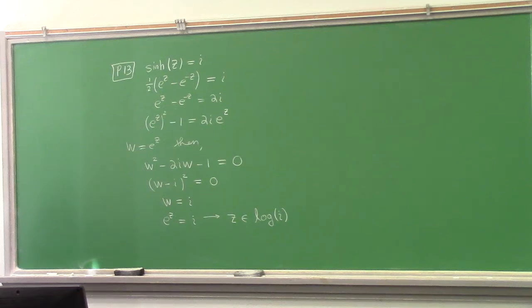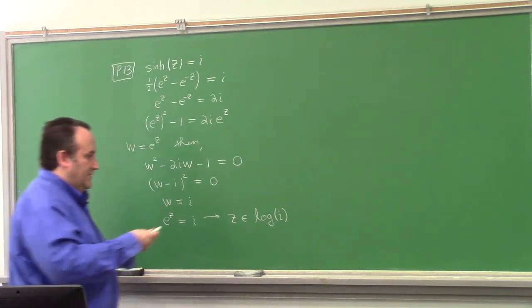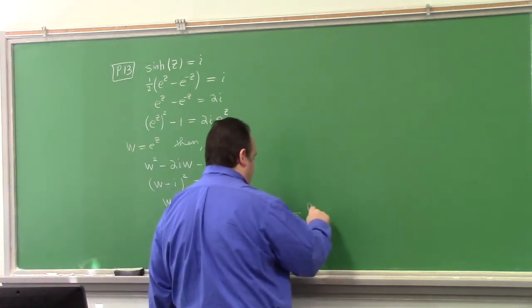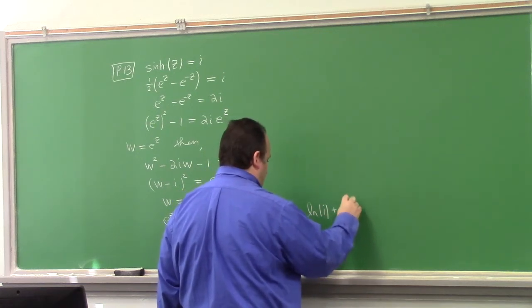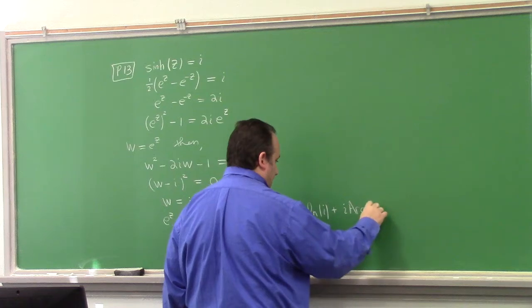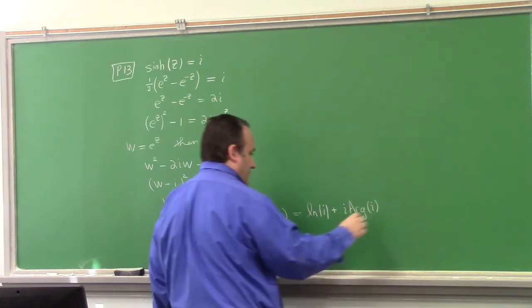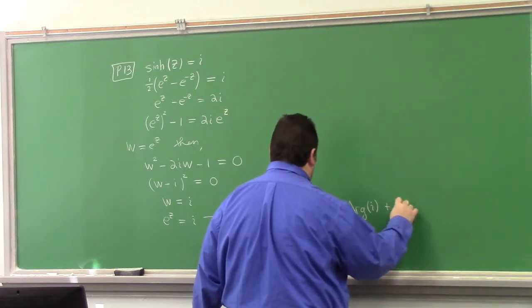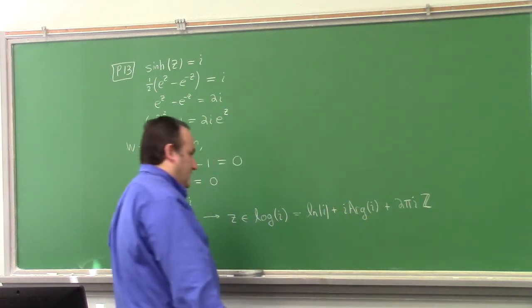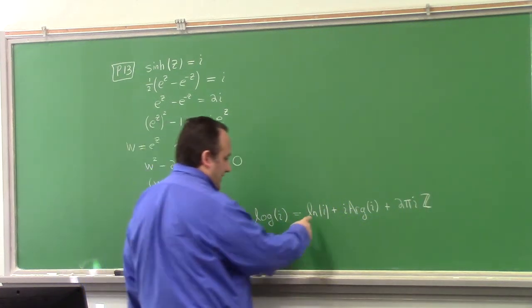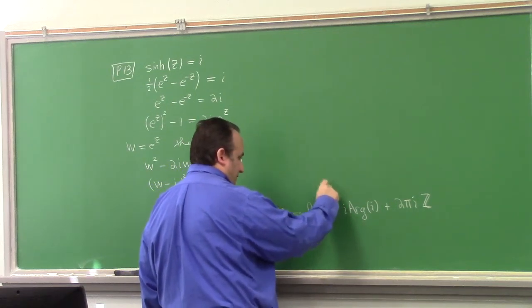What is log i? Well, log i is natural log of the modulus of i plus i arg i plus 2 pi i z, so to speak. And so this is log of 1, which is 0.